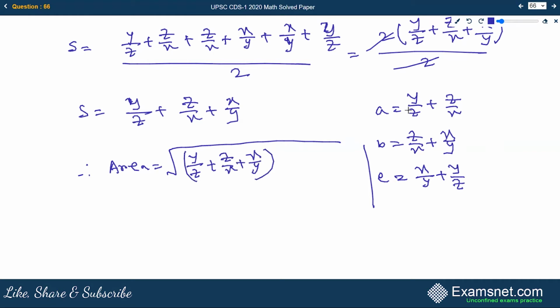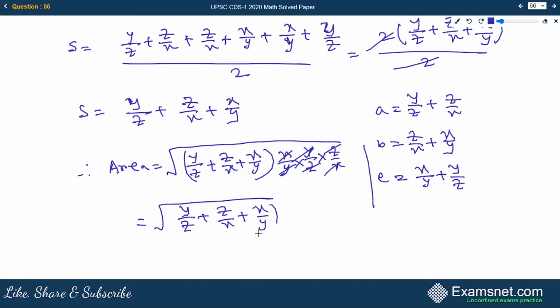Now S minus A, we are left with only x by y. Next, S minus B, we are left with only y by z, and S minus C, we are left with only z by x. Now look here, all these x, y, z get cancelled. We are left with y by z plus z by x plus x by y. So this is the answer.